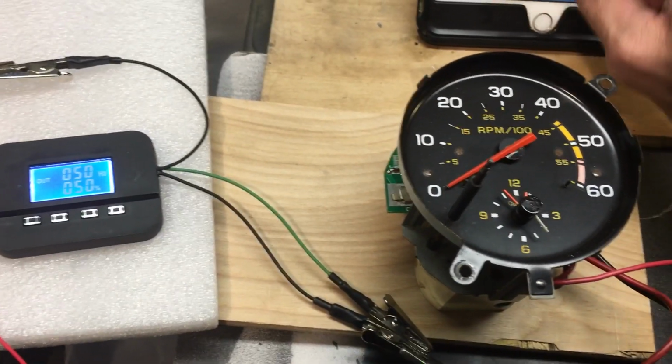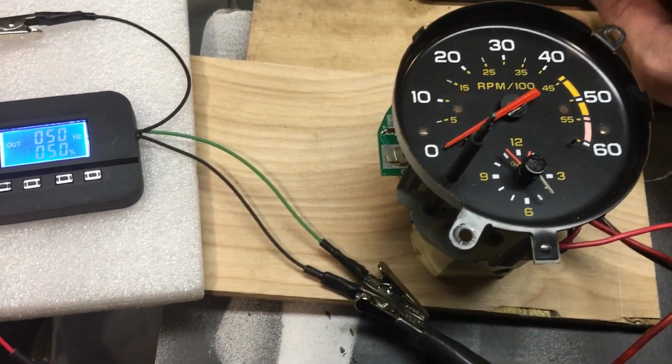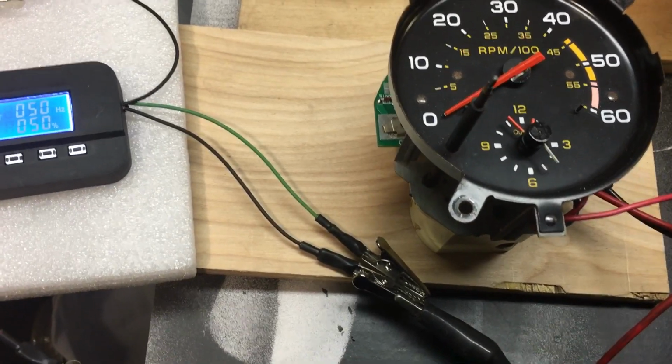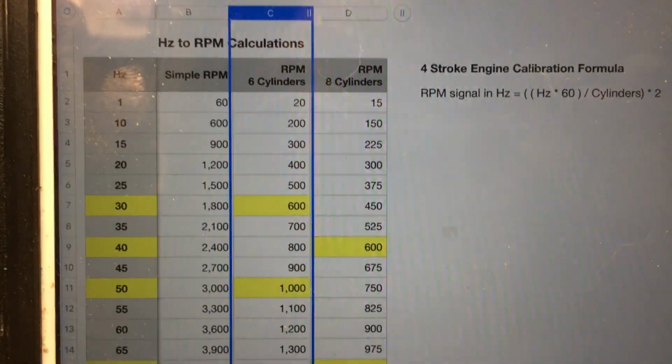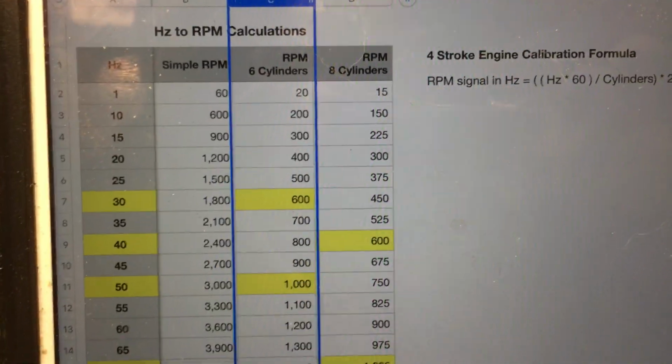Well, I'm going to go to my spreadsheet, because I should have it here. Okay, yes. I made a spreadsheet of what hertz to RPM means.